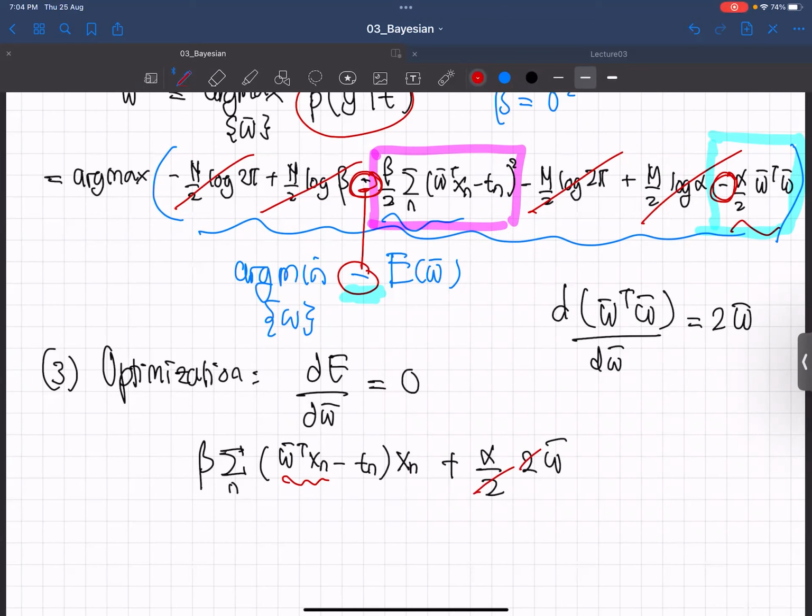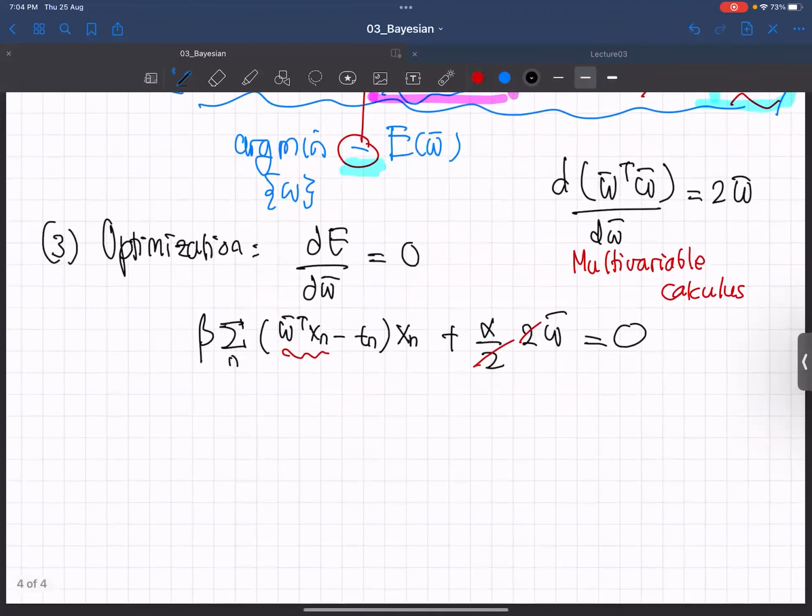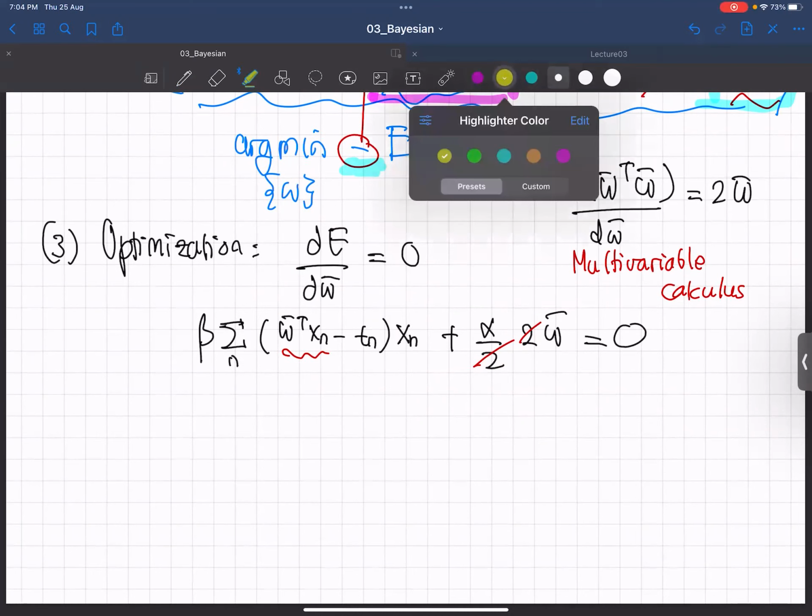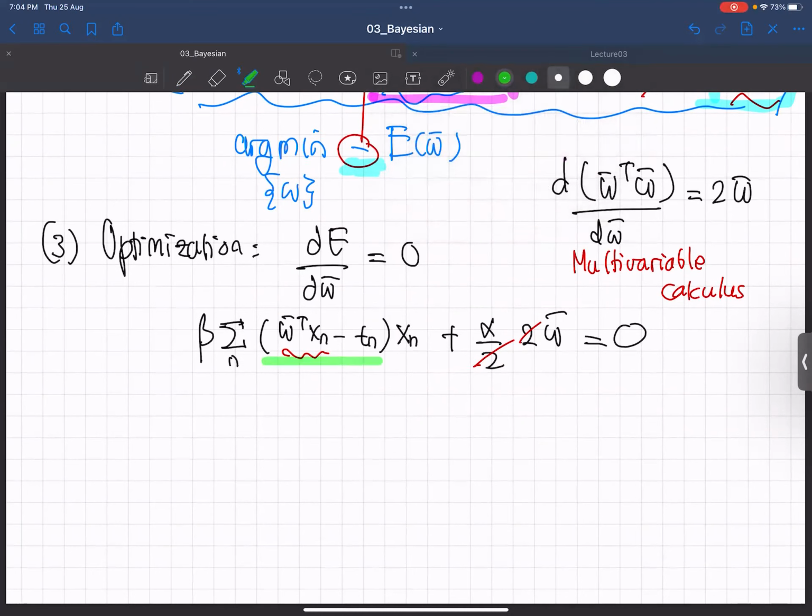Okay, any questions? For this one, you have to learn about multivariable calculus. Any question, anyone? Okay, and then it has to equal 0. Now, this one we learned before, actually. The green terms there, we did it twice, once in the least squares discussion and the other in the likelihood MLE discussion.